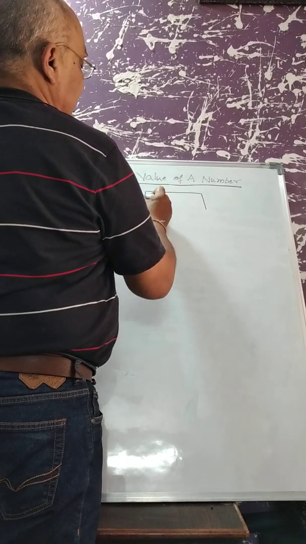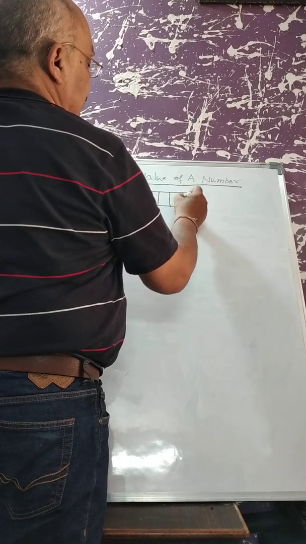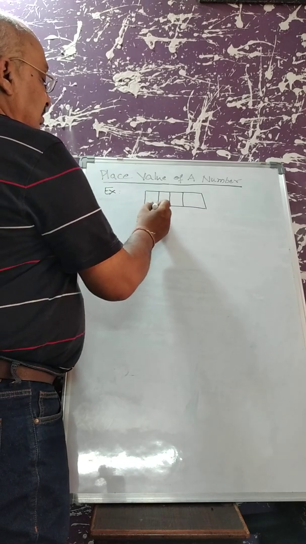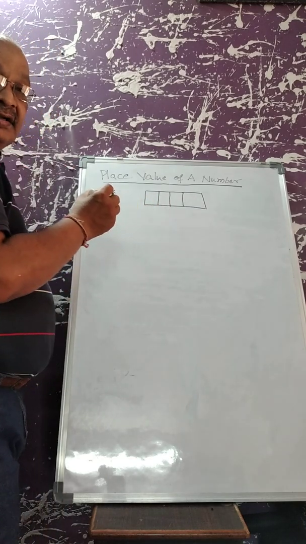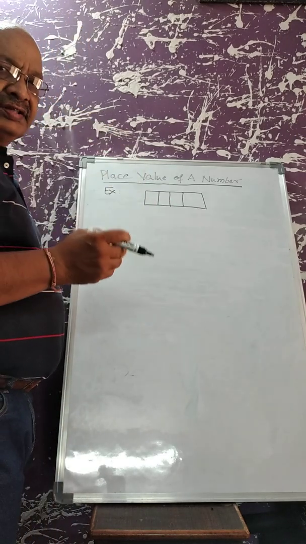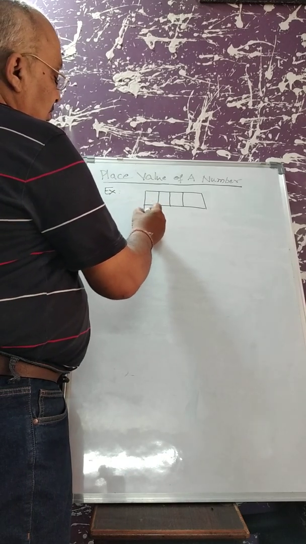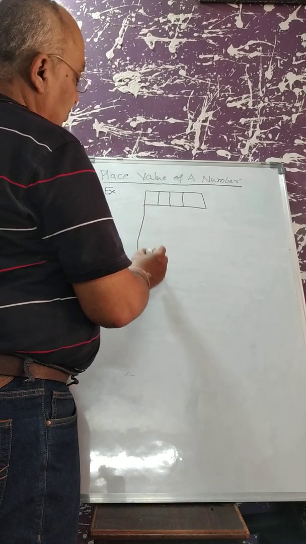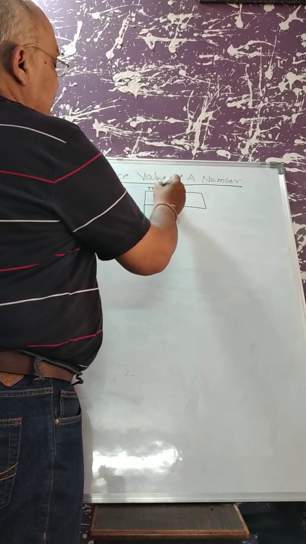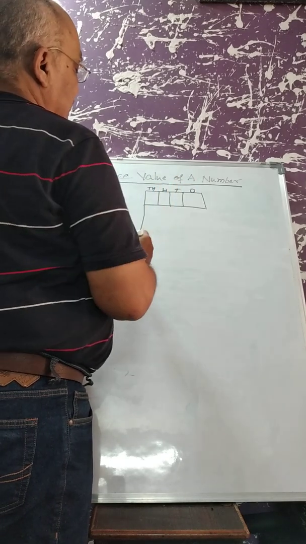These blank spaces are given to you. 1, 2, 3, 4. We are considering 4-digit numbers only because this video is concerning class 3rd, in which up to 4 digits is covered. So here, this is thousands place, this is hundreds place, this is tens place, this is ones place.